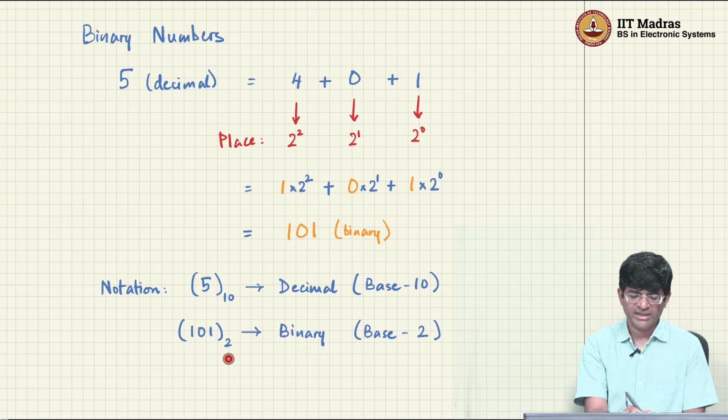Similarly, when I give the subscript 2 out here, it means that the number is binary. And when I say base 2, it basically means that this is now 2 power 0, this is 2 power 1, this is 2 power 2, and so on.